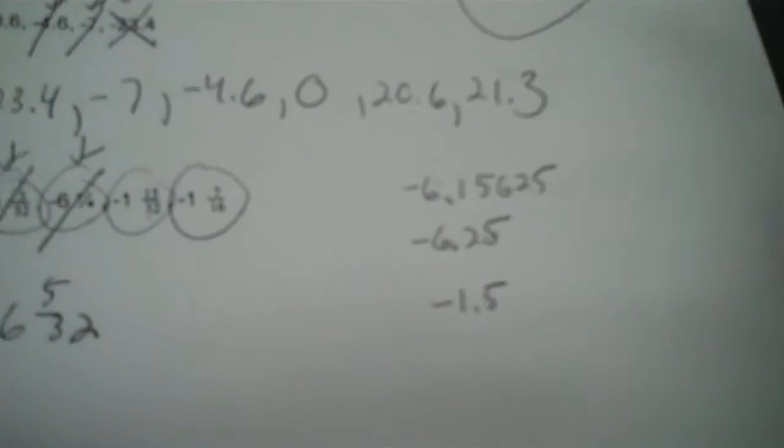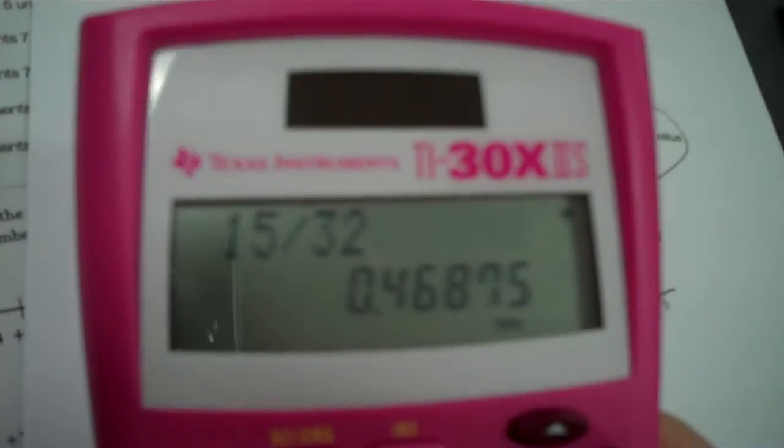Now we have another problem with all the 1's, okay? So 1 divided by 2 is 0.5, so it's -1.5. Then 15 divided by 32 is 0.46, but it's going to be a 1, -1.46875.